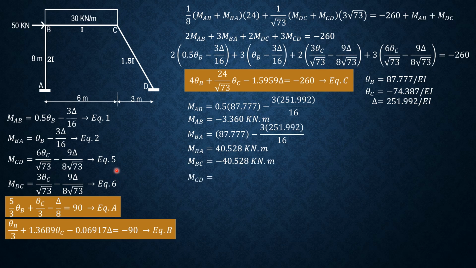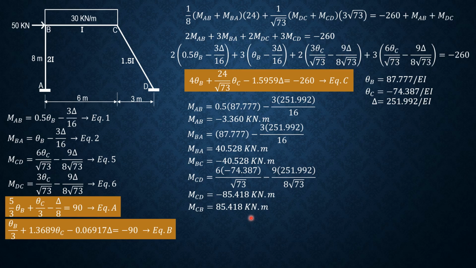MCD, 6 times negative 74.387 over square root of 73 minus 9 times 251.992 over 8 square root of 73. MCD is equal to negative 85.418 kilonewton meter. Therefore, MCB is positive 85.418 kilonewton meter.